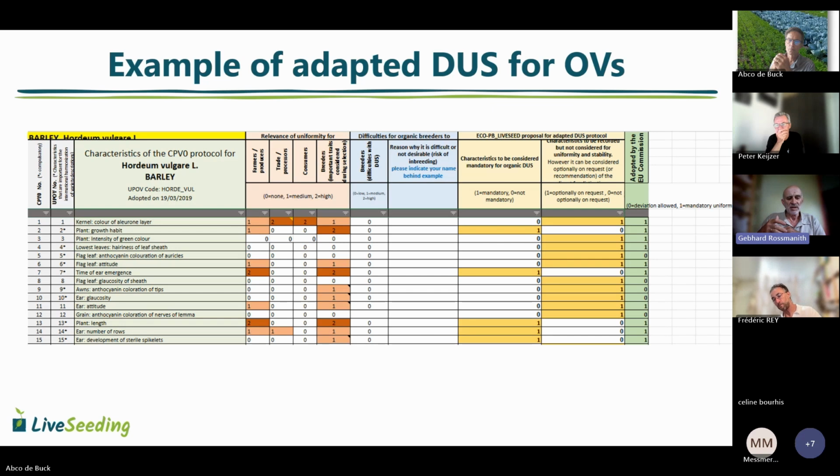And where we are in line and agree on the proposal, we can go forward to propose it to the CPVO and other examination offices. Where we are not exactly in line, where it might be more difficult, the example onion was mentioned, we decided to go to in-field trials next year, to be more sure about what we have discussed. I think this is a good way, but it is clear we have to do it crop by crop.